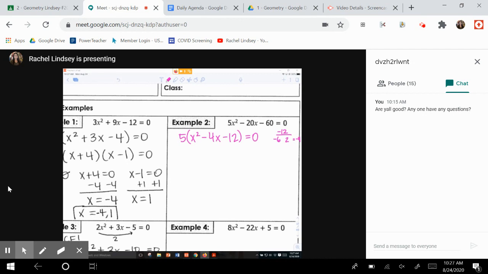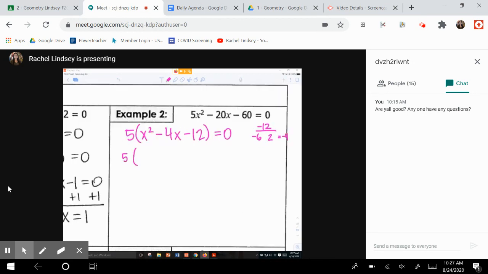So bring down that 5. We'll have 5 times x minus 6 times x plus 2 equals 0. And now with zero product property, set them all equal to 0.